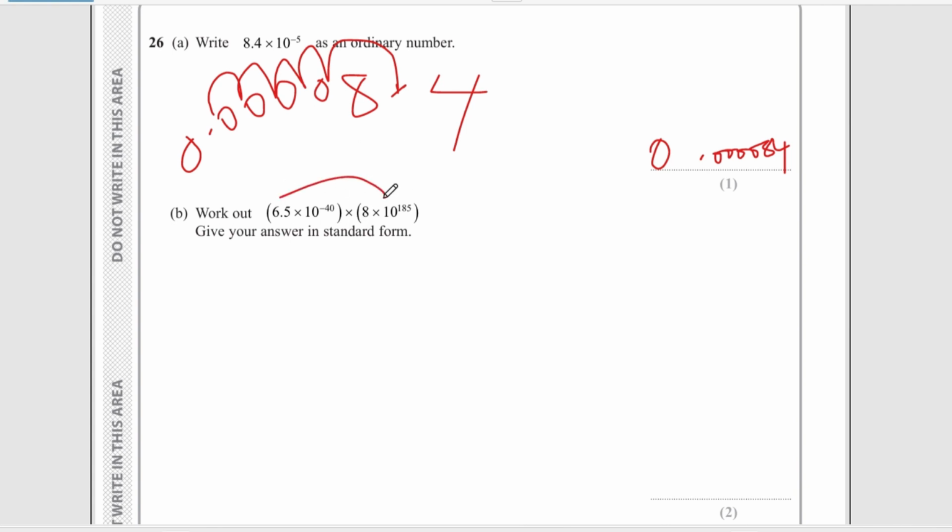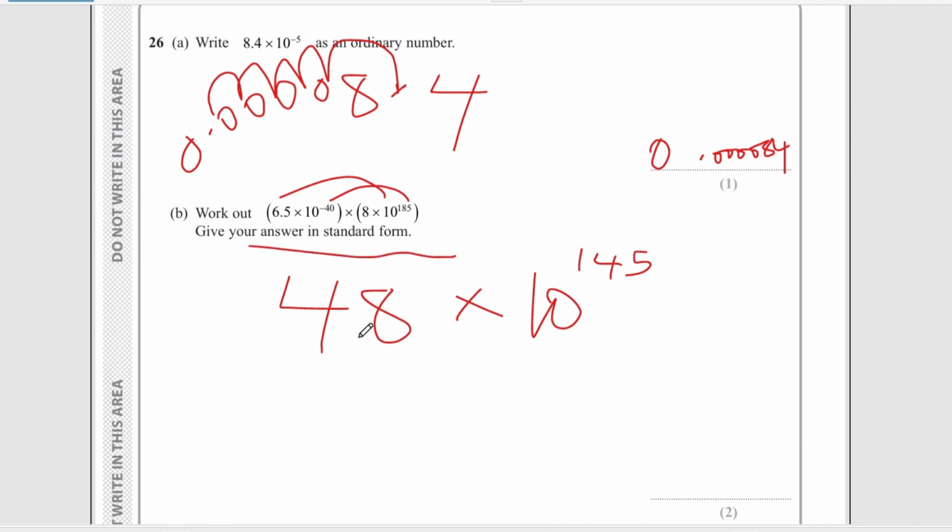Okay, so the next one, work out this. So you can do 6.5 times 8. When you do 6.5 times 8, that gives you 48. 10 to the power of negative 40 and 10 to the power of 185. So when you have the same base, you're going to add the powers. So when you add negative 40 plus 185, that will give you 145. But you need to put it in standard form, meaning there's a point in front of the first number.